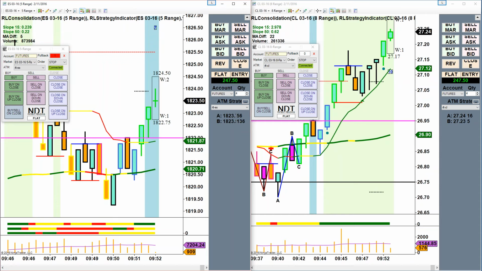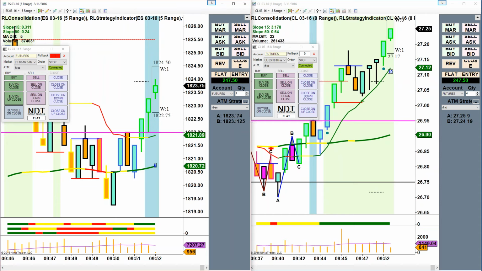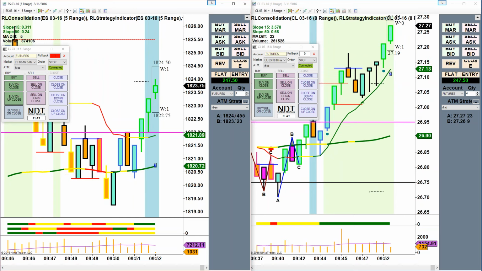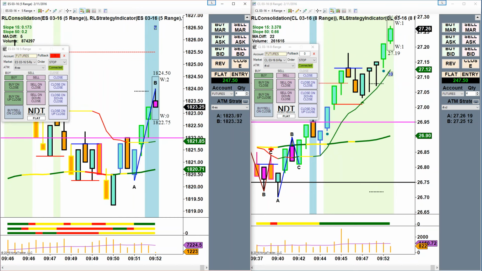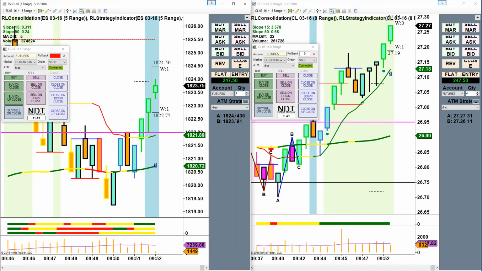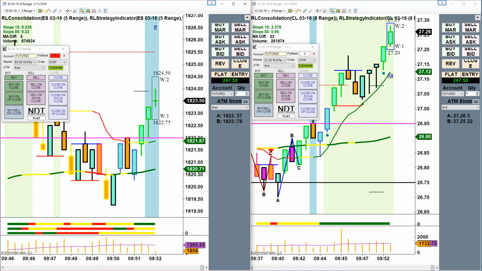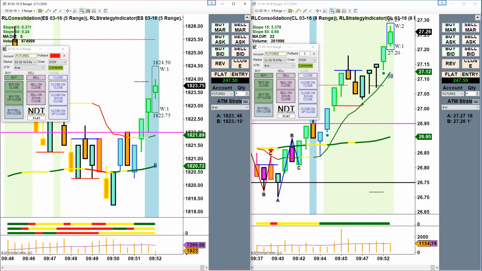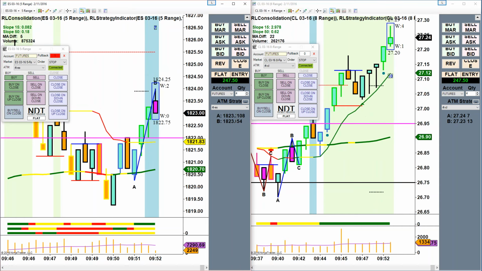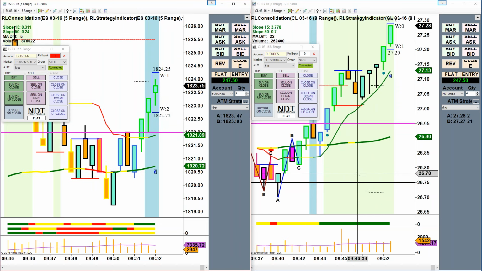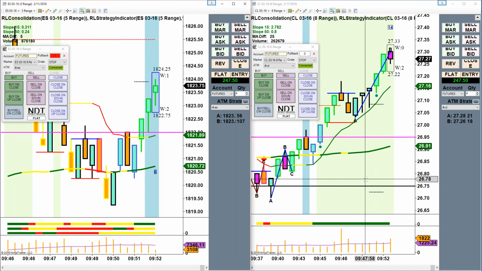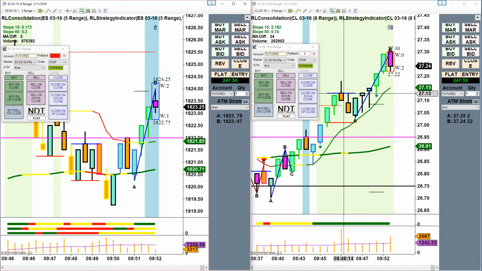Crude finally pushed up. I was looking for the more conservative down close and move out of consolidation on the multi-candle retracement.